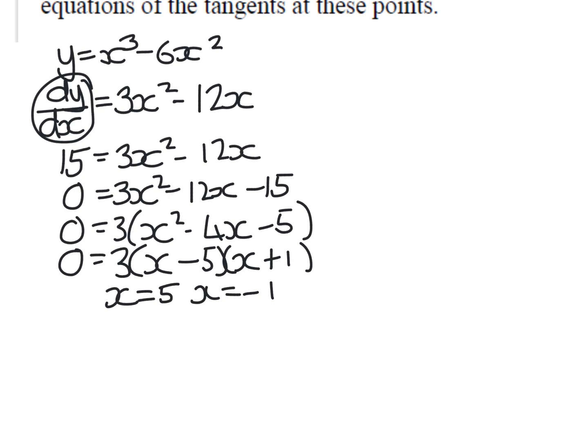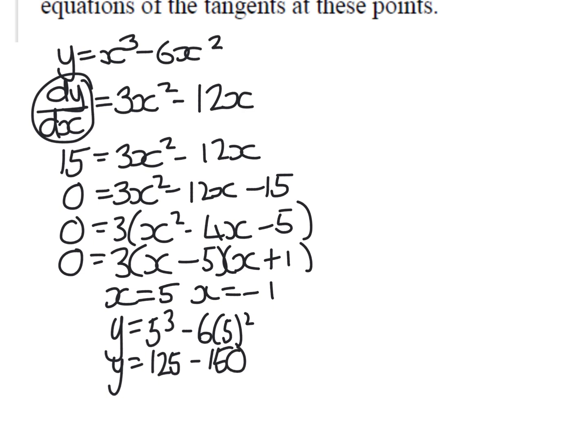So to get the y coordinate, I'm going to plug in the number 5. So this would be 5 cubed minus 6 times 5 squared, which is 125 minus 6 times 25 is 150. So I've got minus 25. So one of my coordinates, I'm just going to write it up here, is 5, negative 25, with a gradient of 15.